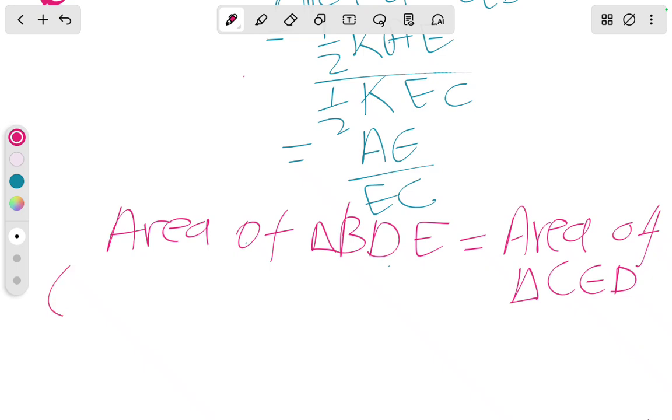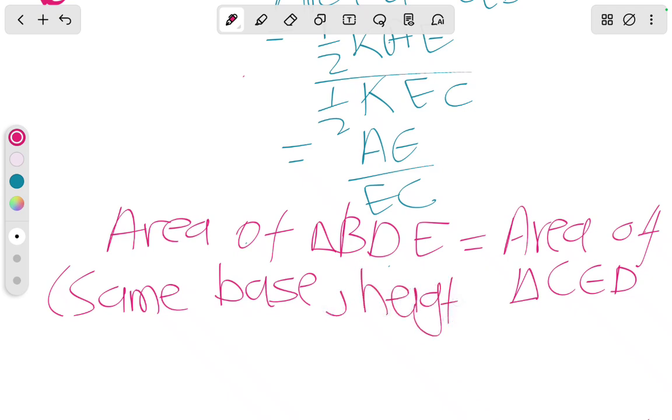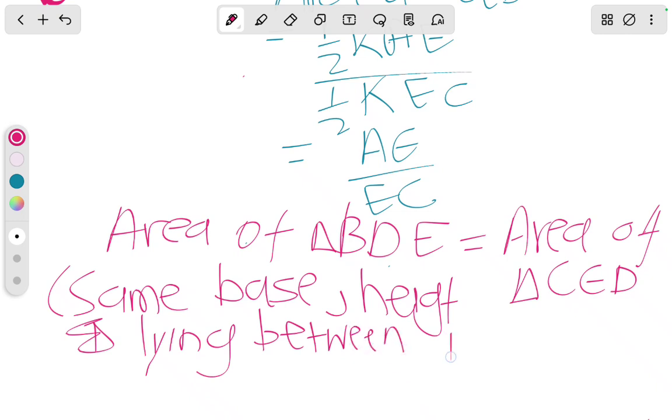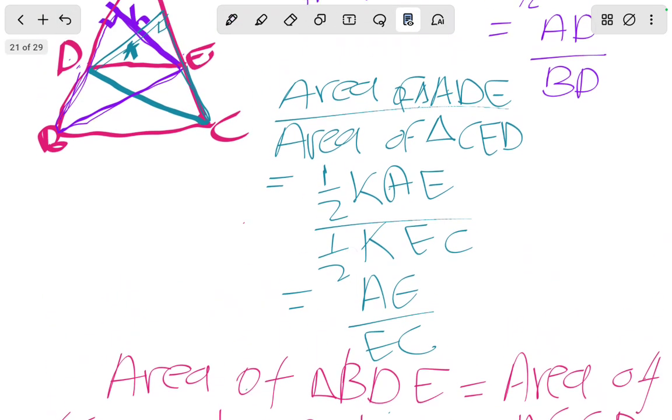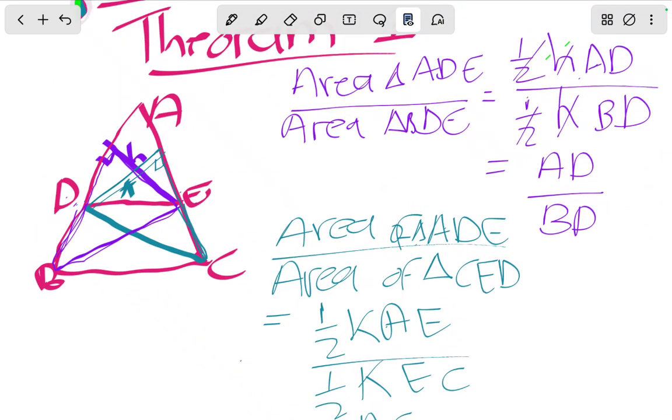My reasoning is that they have the same base and the same height, and lie between parallel lines. So that's my reasoning, that triangle BDE is equal to triangle CDE, and they lie between parallel lines.